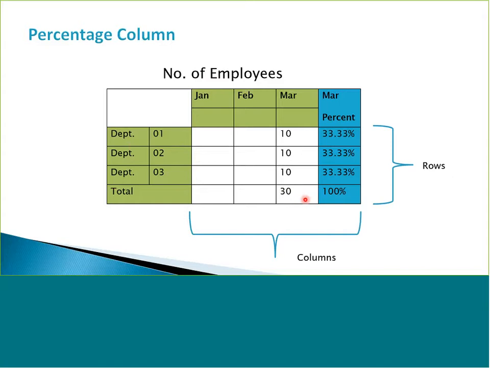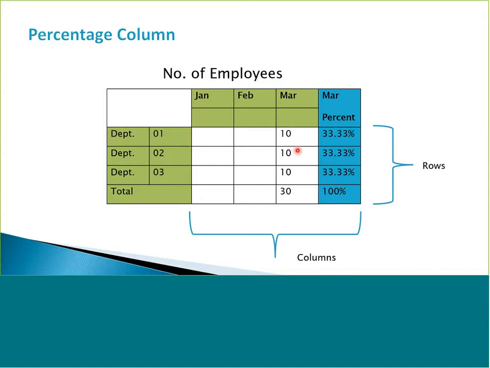However, now the client wants to see the percentage of the total number of employees in each department for March. For example, for Department 1 in March, there are 10 employees.